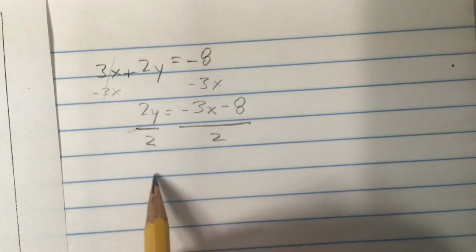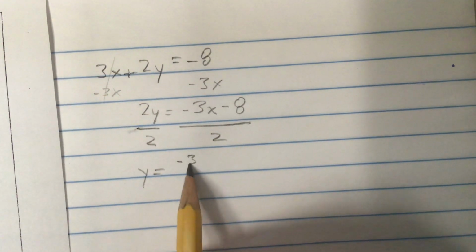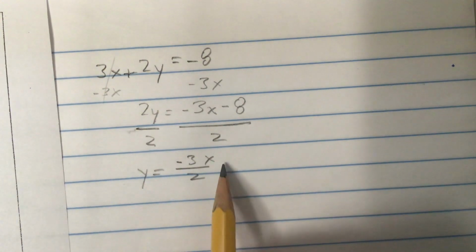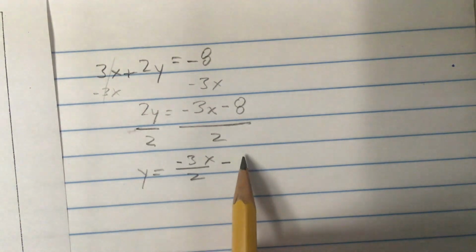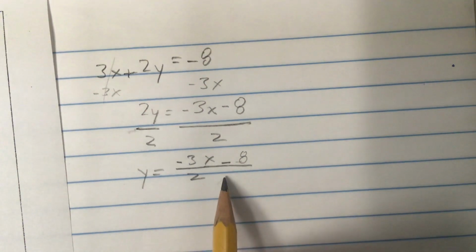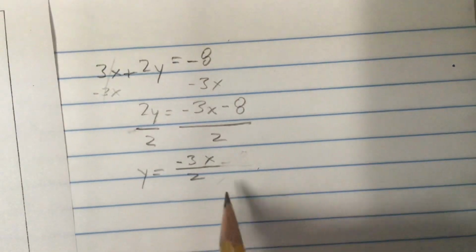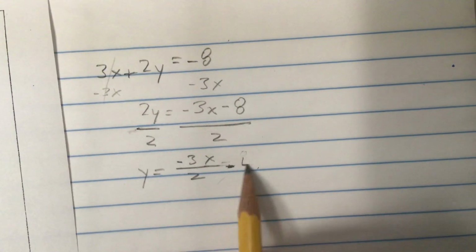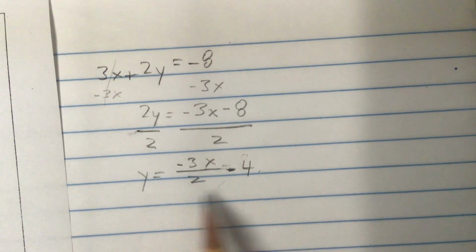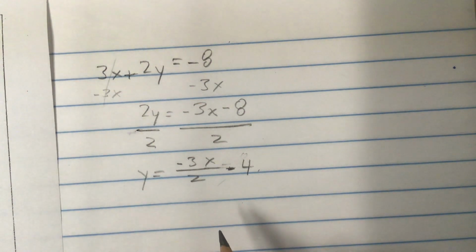So that's going to leave me with y equals negative 3x over 2 minus, and then with negative 8 over 2, I could leave it like this, or I could go ahead and divide that out, which would be negative 4, because 8 divided by 2 is 4, and it keeps the negative. I'm going to put it this way because that just makes it a little less to do when I plug in the different ones.